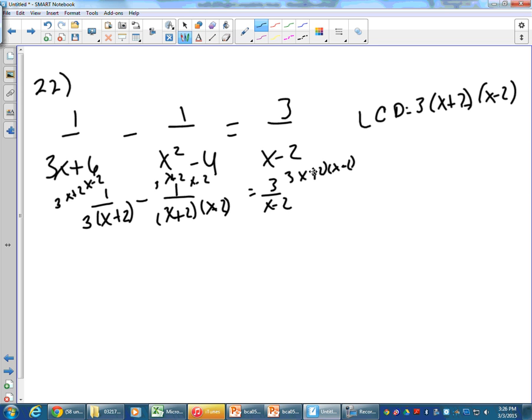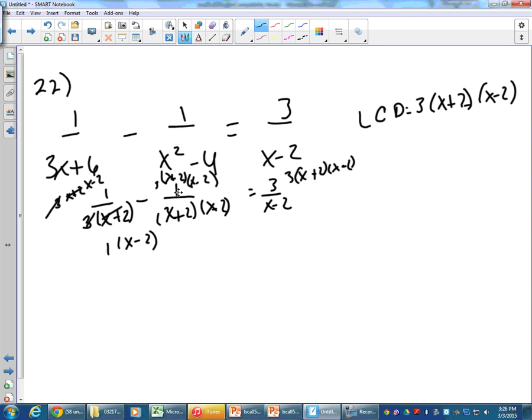It's kind of hard to read, sorry for the messiness. Alright, so here the x plus 2's cancel and the 3's cancel. So I just have x minus 2 times 1, so it's 1 times x minus 2.